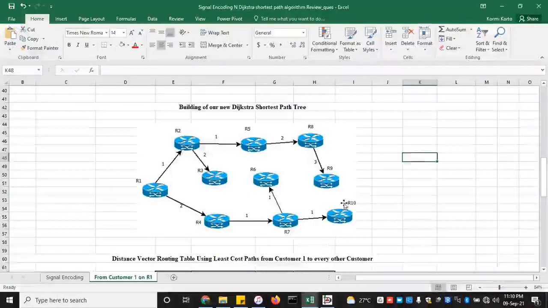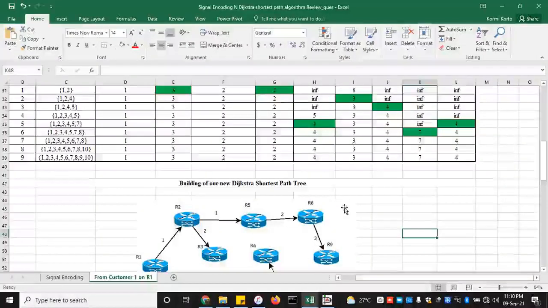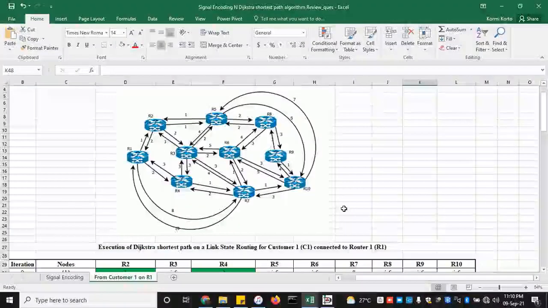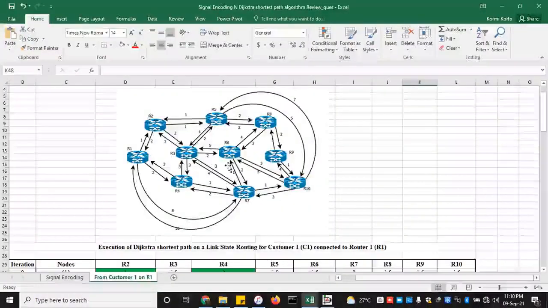Okay, so this is a typical routing question that you might come across if you're given a routing table. So if you're given a network like this, you have to basically come up with the least cost. You have to execute the Dijkstra shortest path algorithm for link state routing, given the customer orientation within this network.